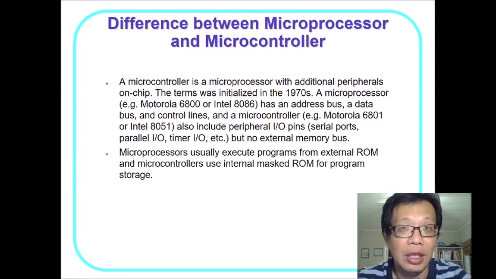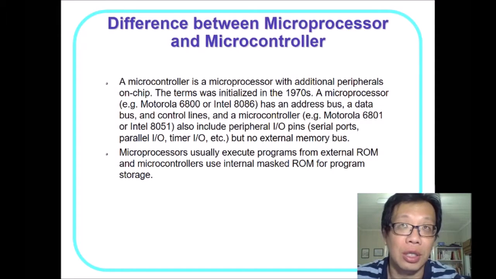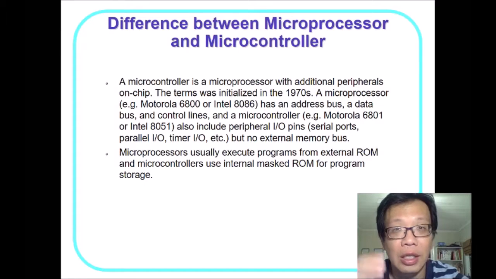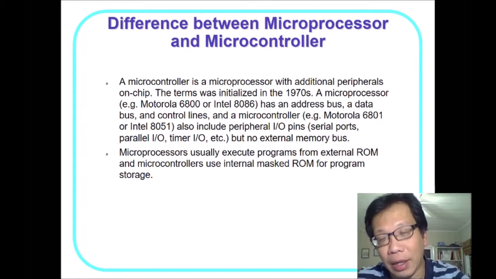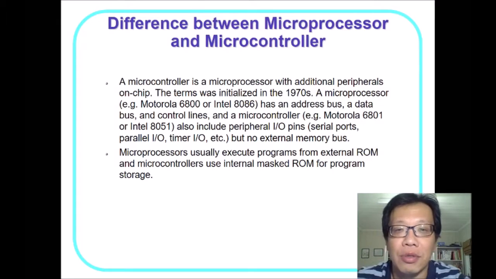We can actually control the bulb to be dimmed to a certain level, or to turn the bulb to its full brightness. That is the difference between the microprocessor, which deals with digital information only, and the microcontroller, which can deal with analog information.